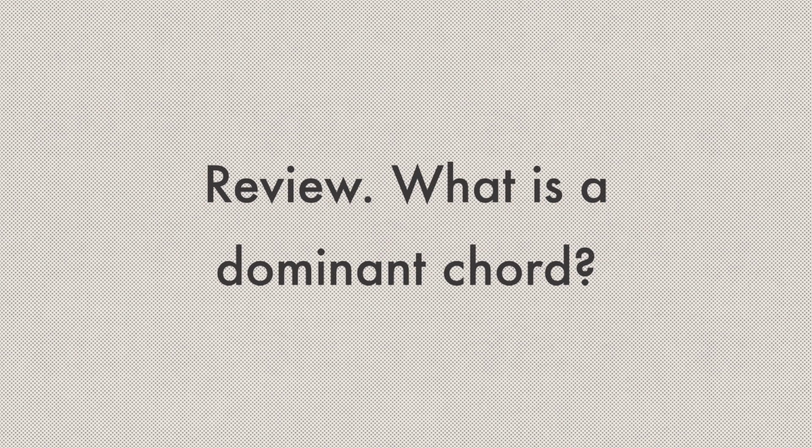So what happens is in our dominant chord, G7, we have half-step tensions where one voice wants to move a half step up and one voice wants to move a half step down. So we'll go ahead and take a look at that here.